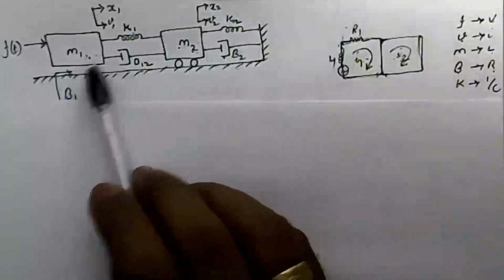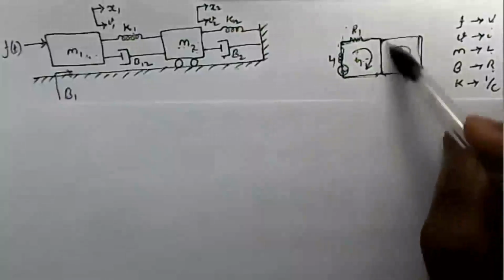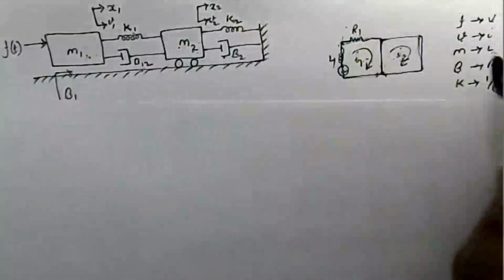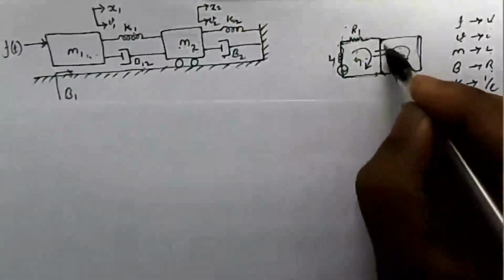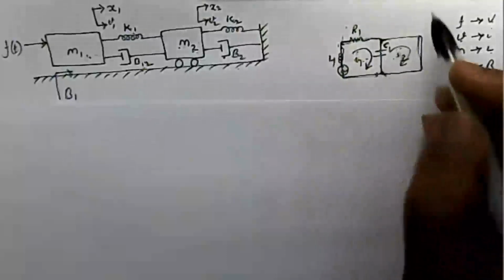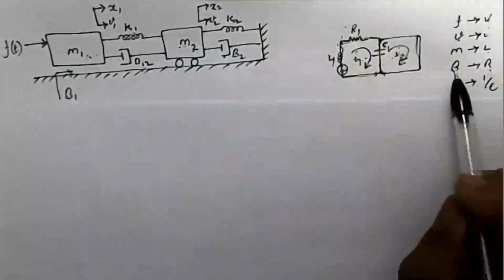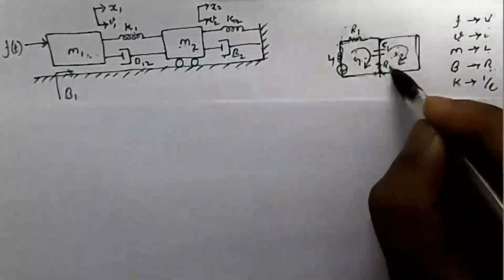Then these two are common, so this is drawn in the common branch. K1 and B12: for K1, the corresponding electrical element is the capacitor, so this is C1. Then B12, so R12 is also common.